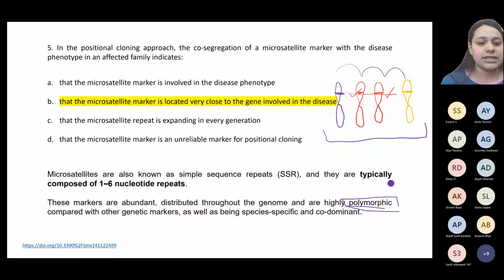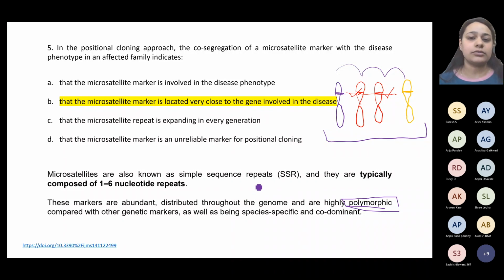So a lot of Indians have heart conditions or diabetes, while maybe a lot of French people might not have these conditions, right? I'm just saying hypothetically. I'm not really sure about the rate of diabetes or hypertension in France. That is why they say these microsatellites are also good markers for disease phenotypes.